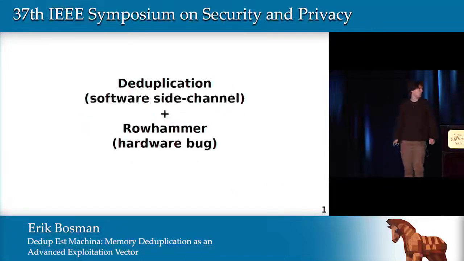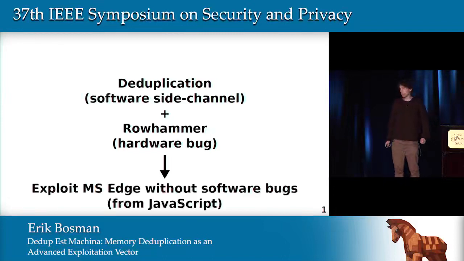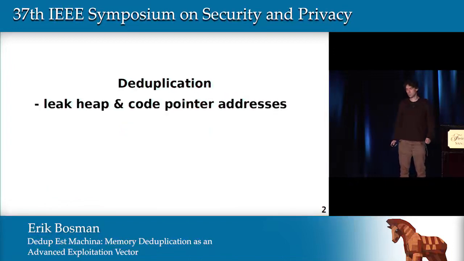So I'm going to abuse a deduplication side channel, which together with Rowhammer, a hardware bug, allows us to exploit a modern browser, Microsoft Edge, without the use of any additional bugs in the browser itself from JavaScript. So in short, how are we going to do this?